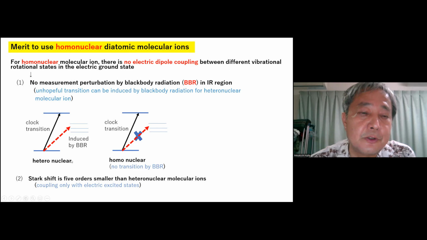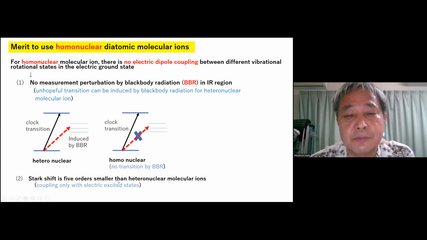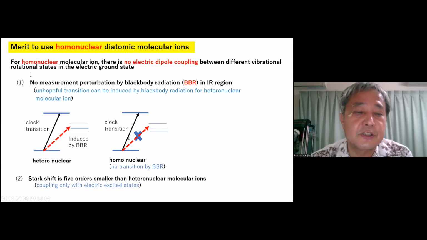For heteronuclear molecules, there is dipole coupling between different vibrational-rotational states, so unwanted transitions can be induced by infrared blackbody radiation. And another merit is that the Stark shift is 5 orders smaller than for heteronuclear molecular ions, because the coupling is only with electronic excited states.